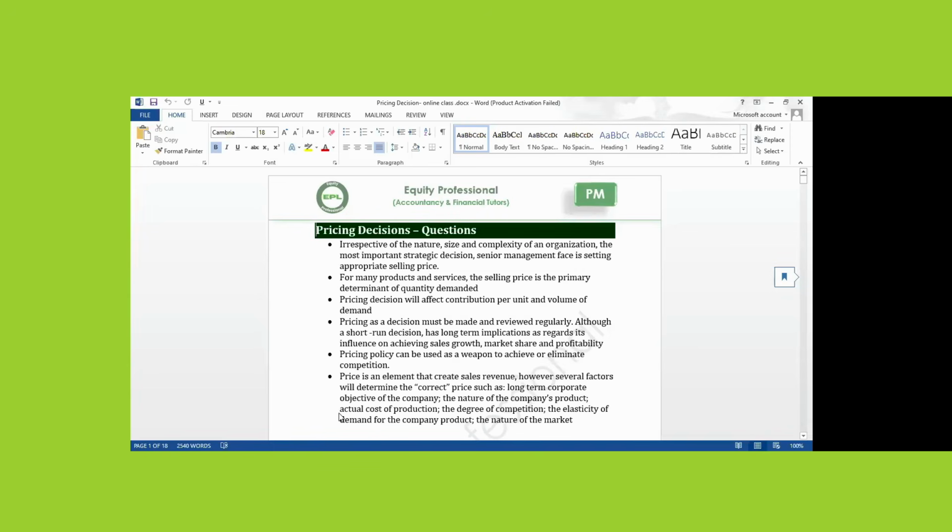Demand elasticity of the product. And lastly, nature of the market. Nature of the market can affect price.